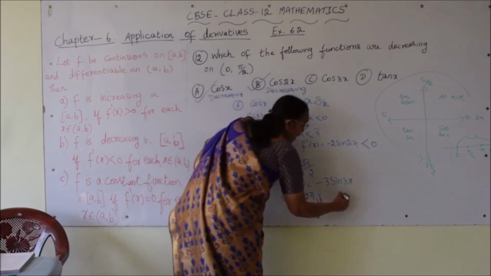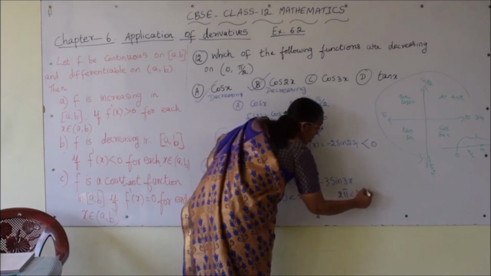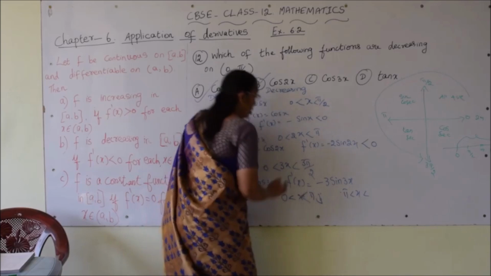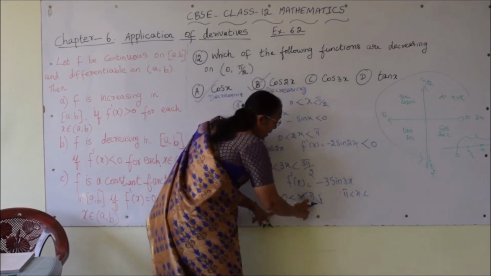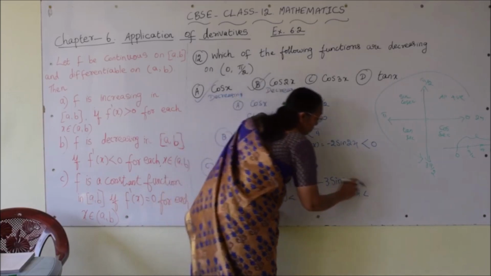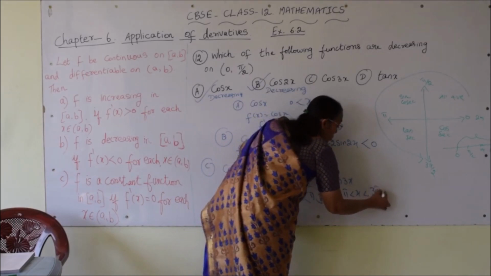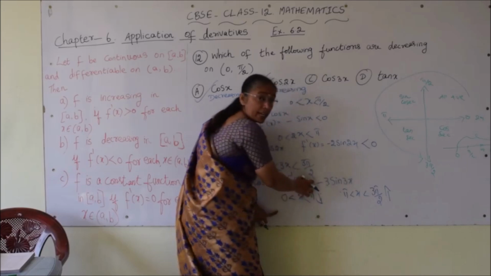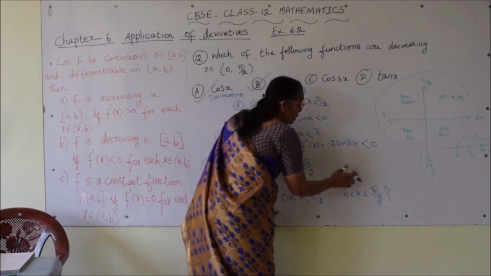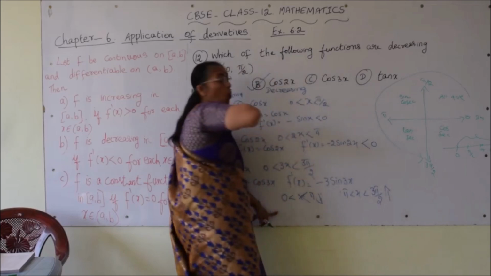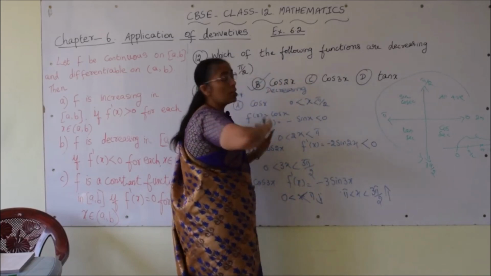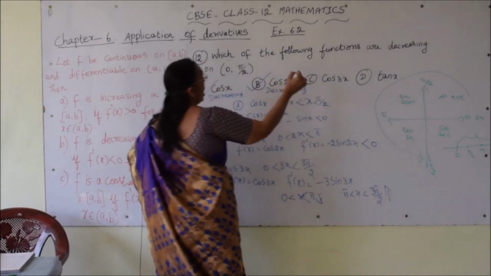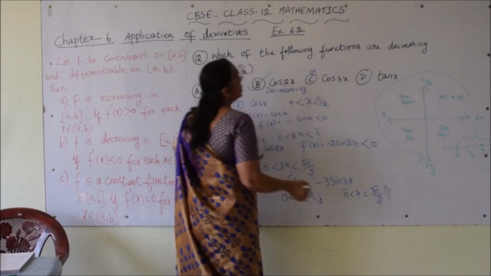When it is pi to 3 pi by 2, the function is increasing because sine is negative, and again you are having negative 3 here. So, together it becomes positive, it is increasing. So, overall in the interval 0 to 3 pi by 2, it is neither increasing nor decreasing. So, cos 3x is neither increasing nor decreasing.